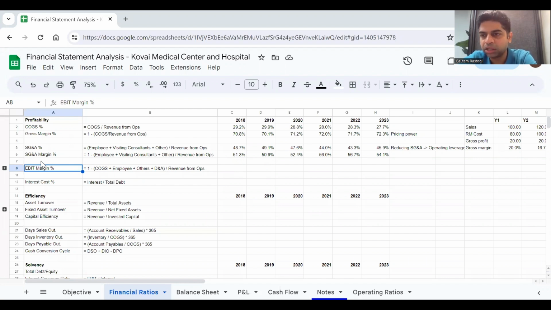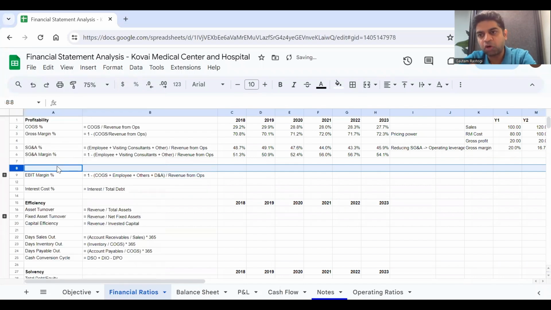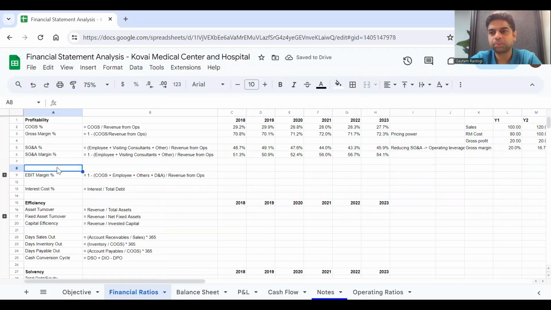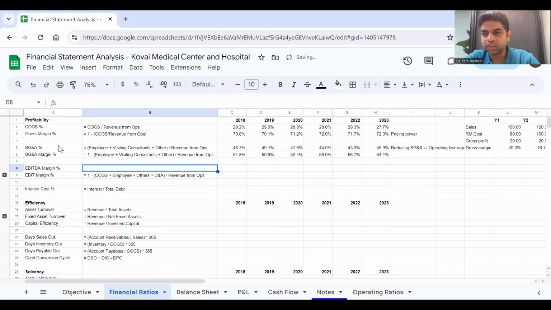So let's look at the operating margin of a company. There are two measures of operating performance or operating margin: one is EBITDA and the other is EBIT. EBITDA, that is earnings before interest, tax, depreciation, and amortization, is sales minus direct cost minus indirect cost.